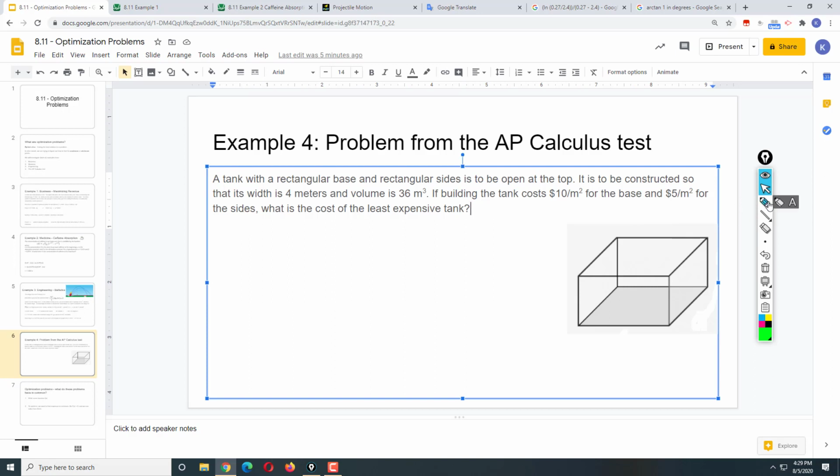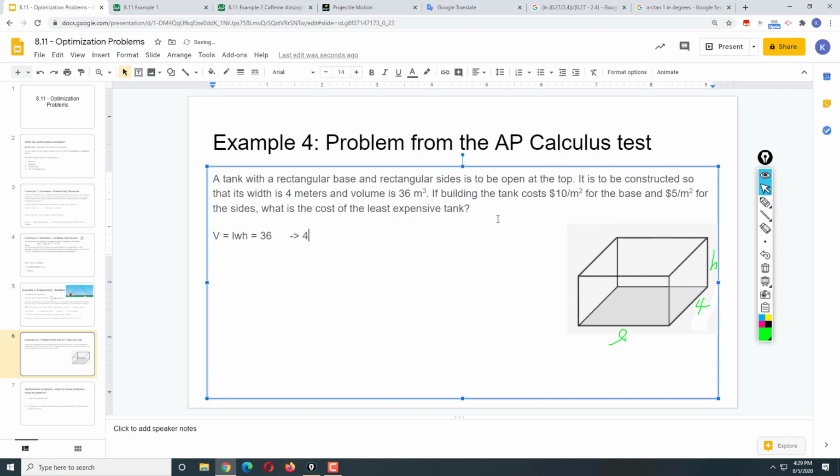So first of all, let's understand the question. They're saying that the width is 4, so this is 4. This would be the length. This would be the height. We're told that the volume is length times width times height, which is equal to 36.